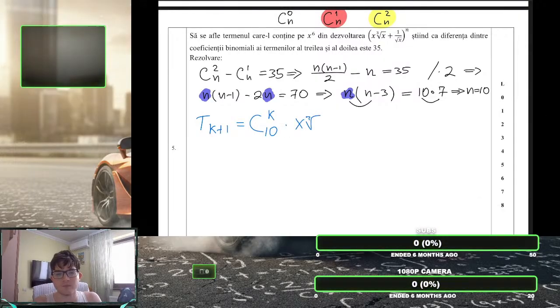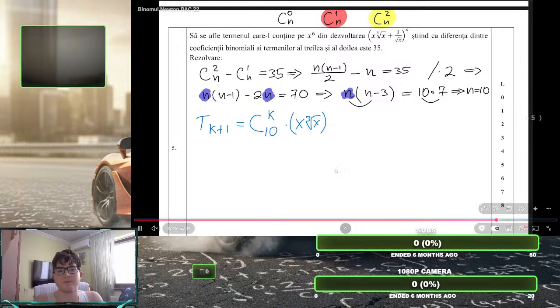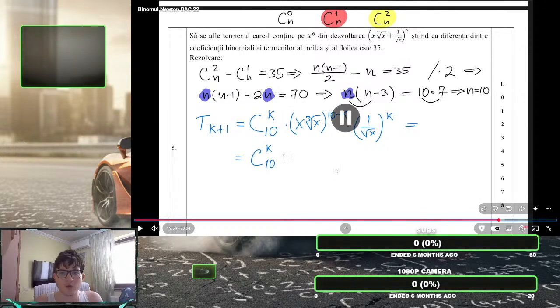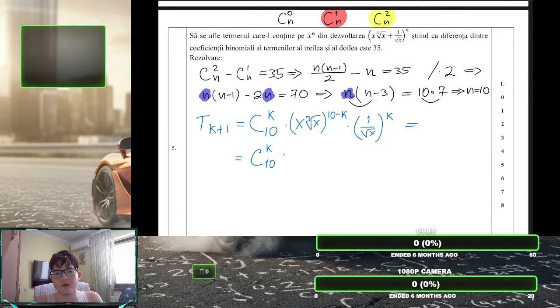Formula, plug in the n. Okay, great. Now work with x. And all the x's we're gonna equalize with x to the power of 6. Get the same base, which is gonna be x. So now, work with it. Right there, x at what power?